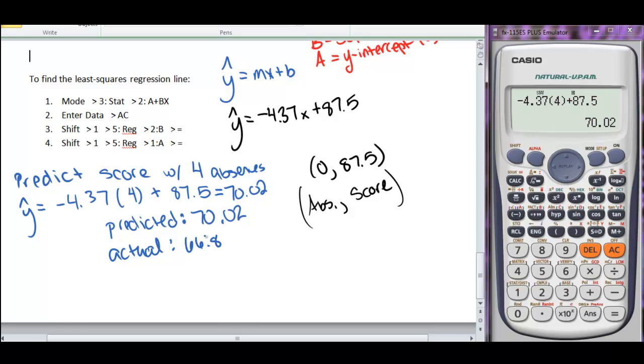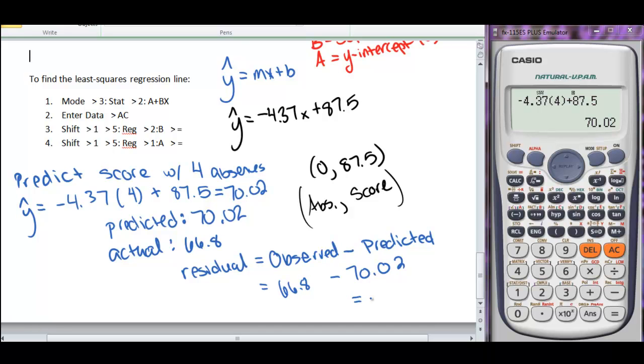So if we want to find the residual, or the difference, we're going to take the observed minus the predicted. Or that's 66.8 minus 70.02. And this is going to give us a negative 3.22.